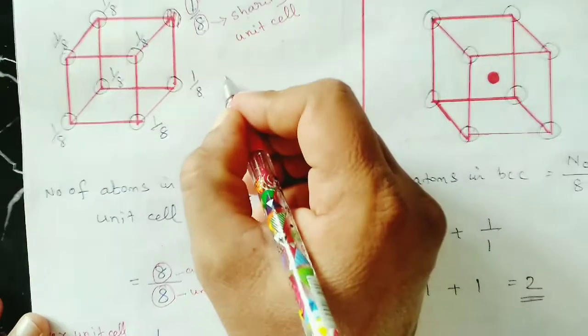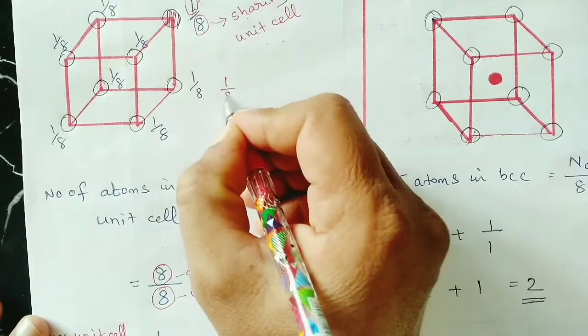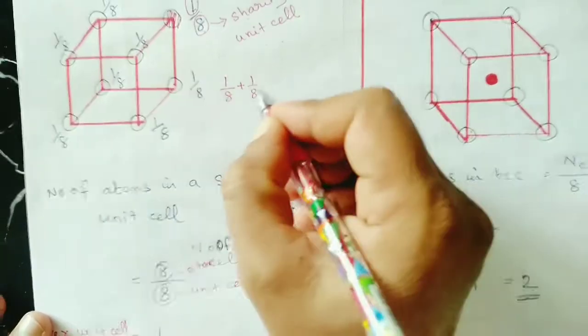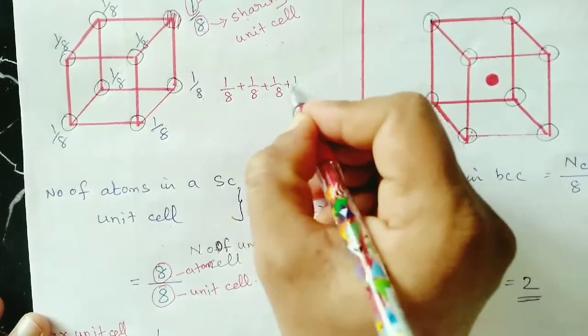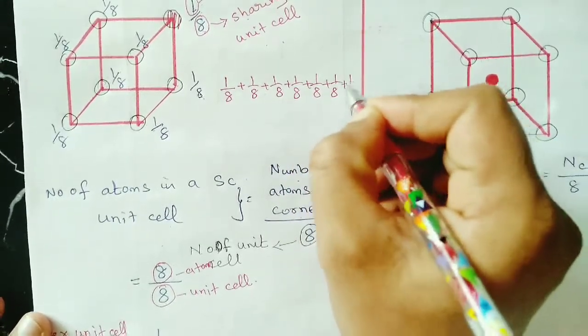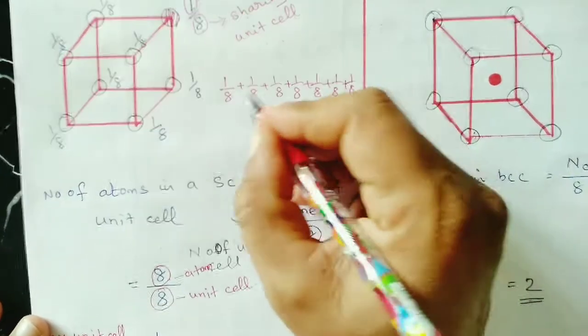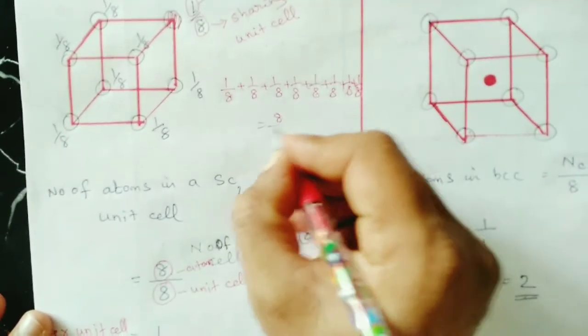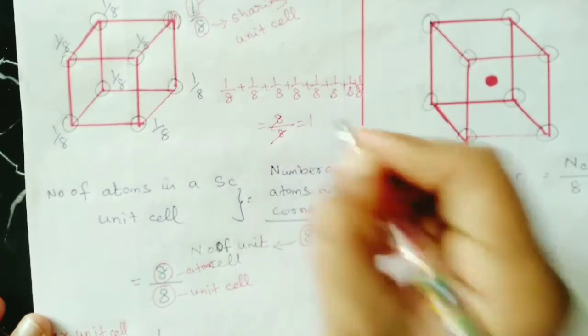We can calculate in this format also: 1 divided by 8 plus 1 divided by 8 plus 1 divided by 8, and so on, 1, 2, 3, 4, 5, 6, 7, 8 terms of 1 divided by 8. So 8 divided by 8 is equal to 1.